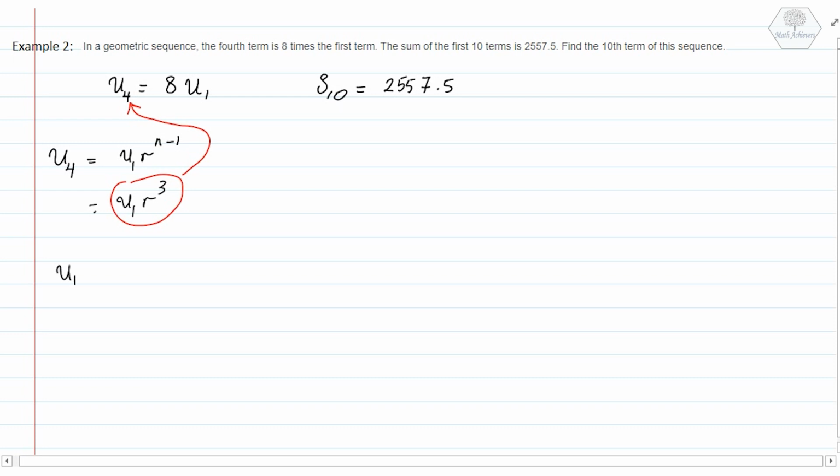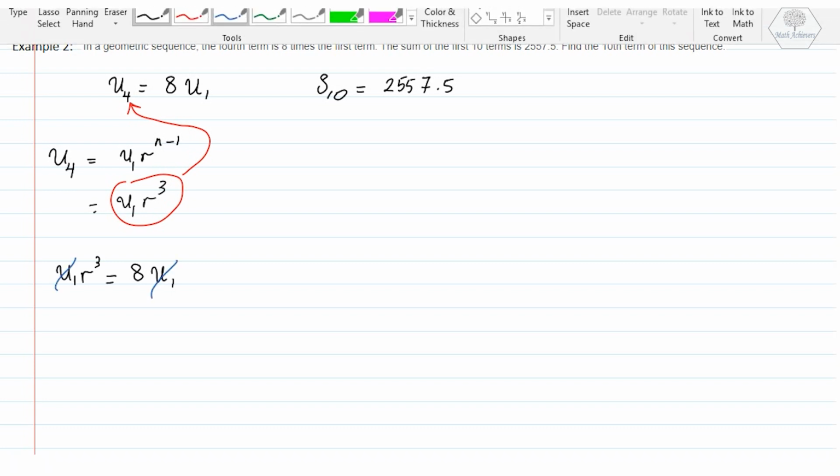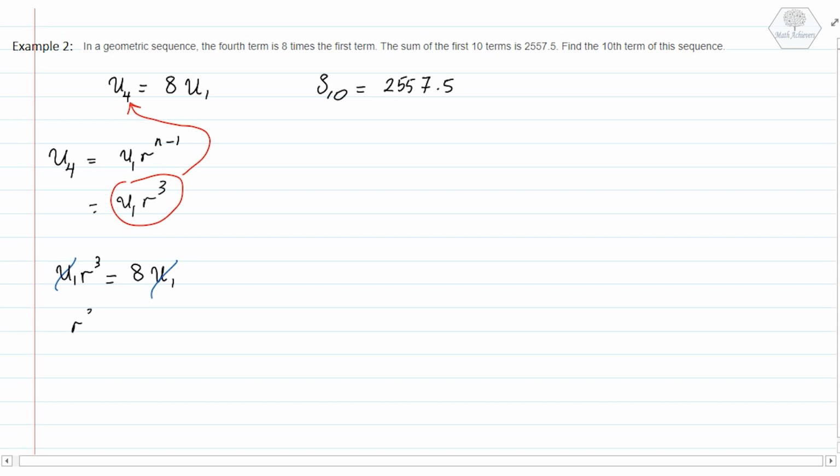So u1 times r cubed is equal to 8 u1. Dividing by u1, the u1 cross out. Now I have r cubed is equal to 8. So r cubed is equal to 2 cubed. So now I find the common ratio to be equal to 2. This is my common ratio. I hope it's clear how we found the common ratio.